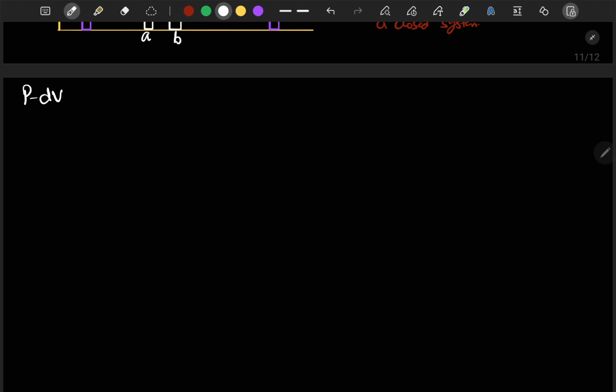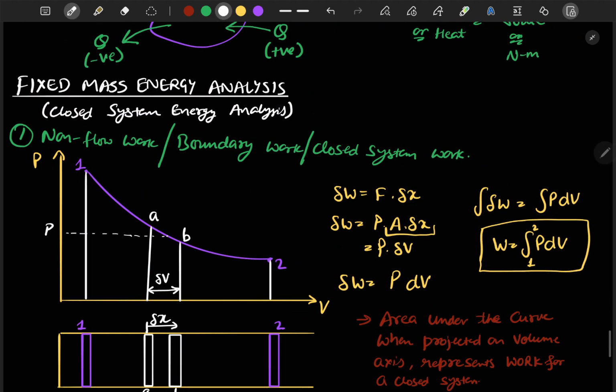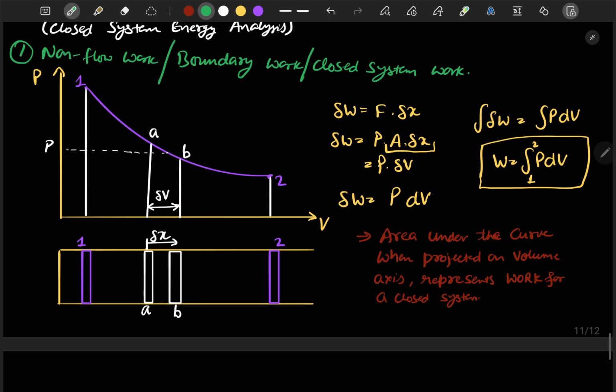This is also a part of energy interaction or work interaction, I mean fixed mass energy analysis, which we have mentioned earlier. So let's talk first about non-flow work: what is non-flow work, boundary work, or closed system work?